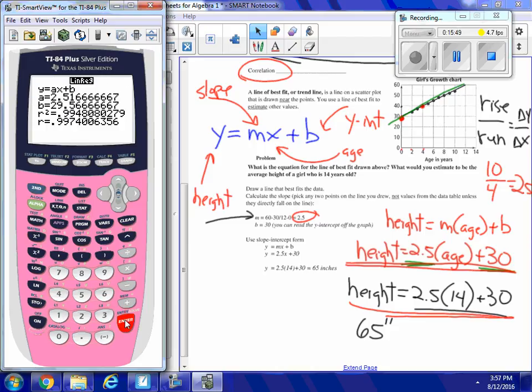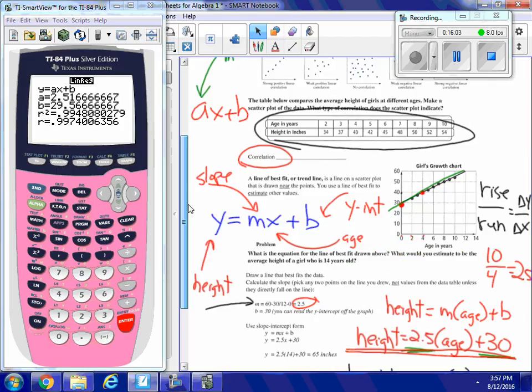This number right here, R of 0.997, that is called my correlation. So my correlation is a positive 0.997.